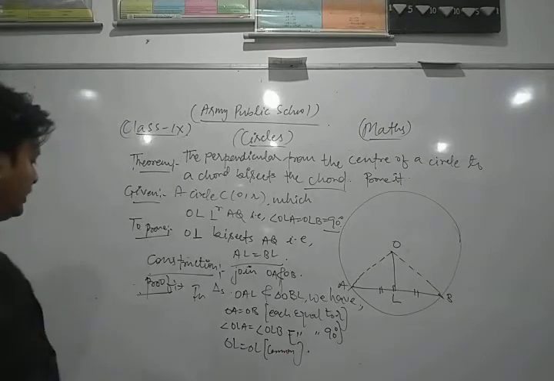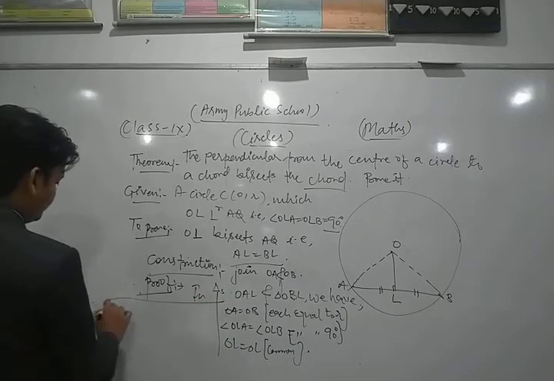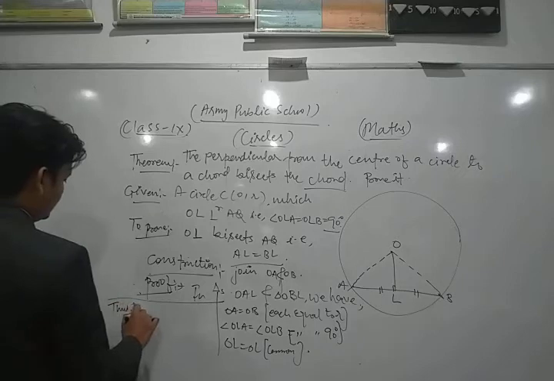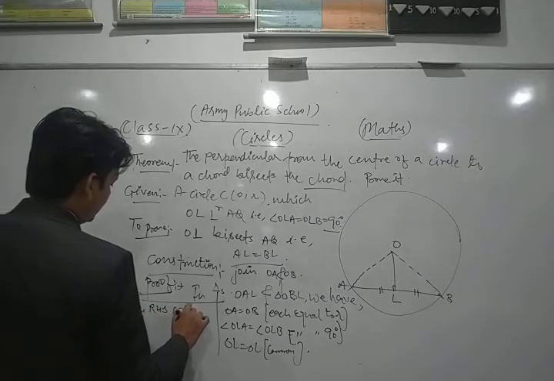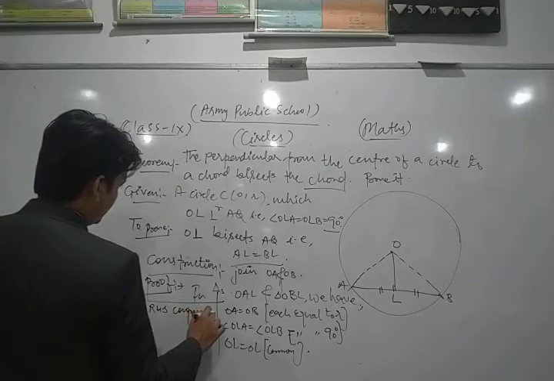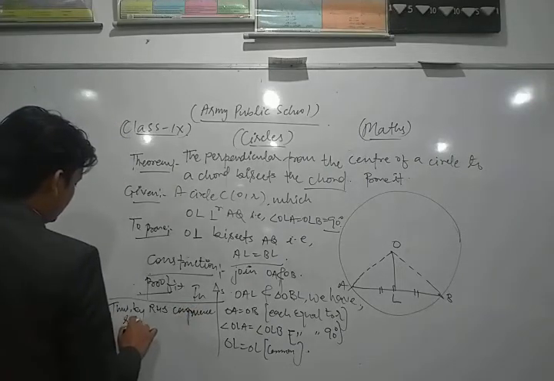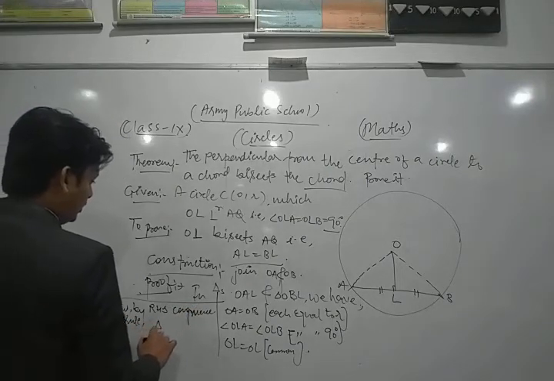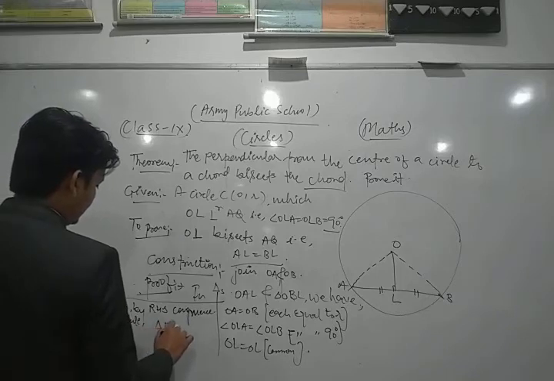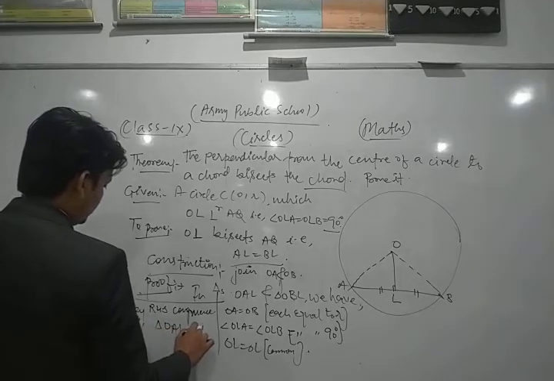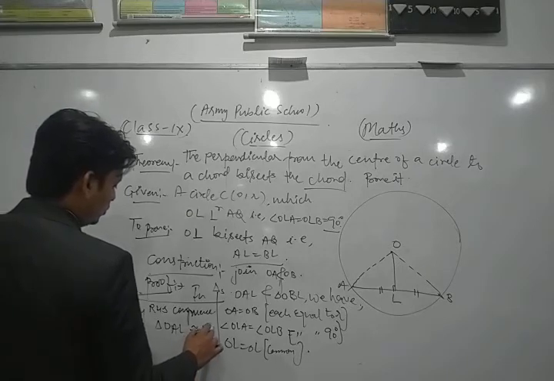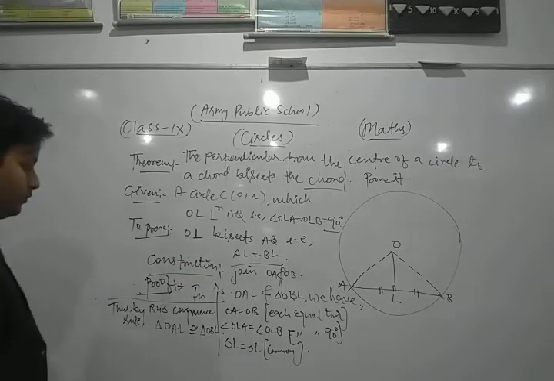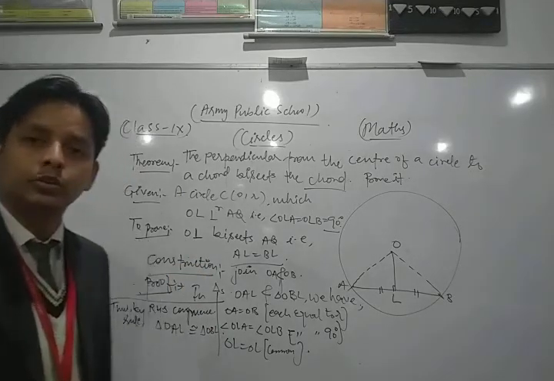Thus by RHS congruence rule, triangle OAL is congruent to triangle OBL.